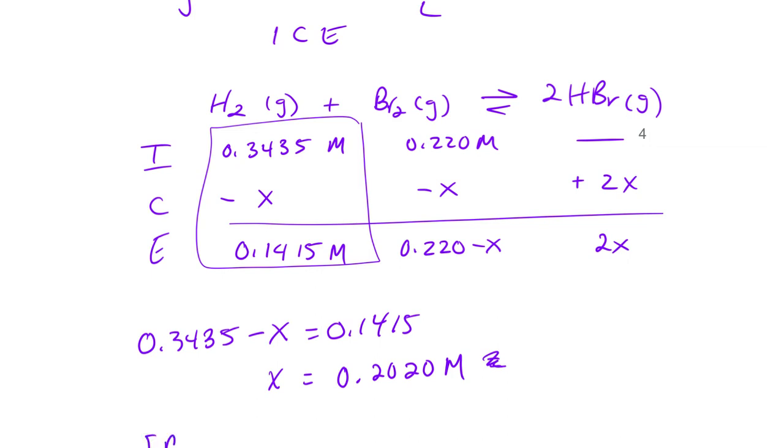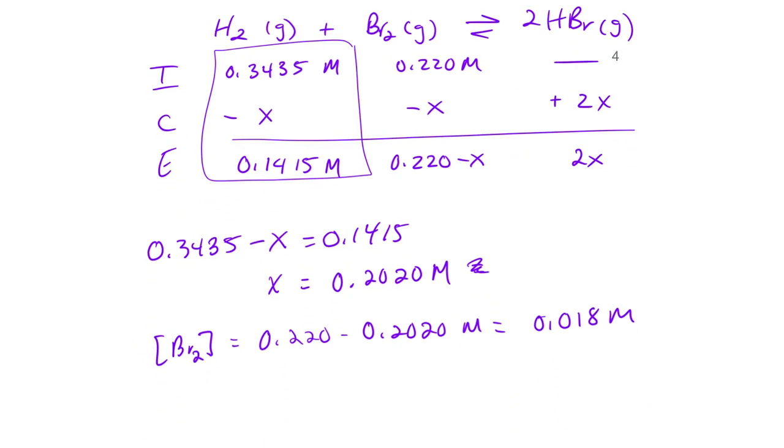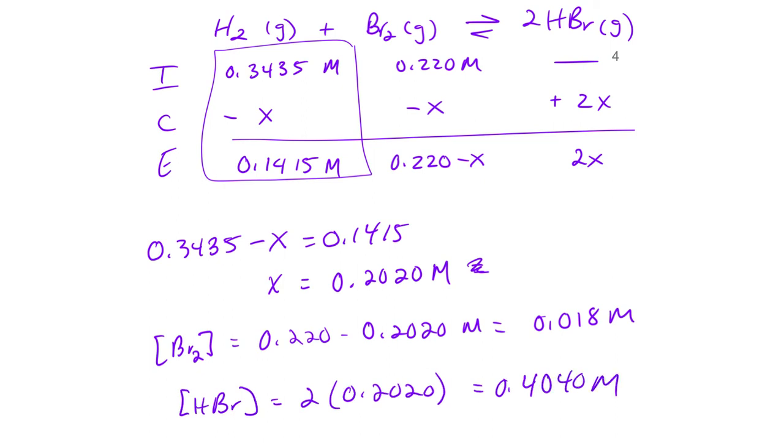For the concentration of Br2 at equilibrium, we're going to have 0.220 minus 0.2020. And so we end up with 0.018 moles per liter. And then for HBr, we're going to have 2 times 0.2020, or 0.4040 moles per liter. Okay, everyone okay with that?